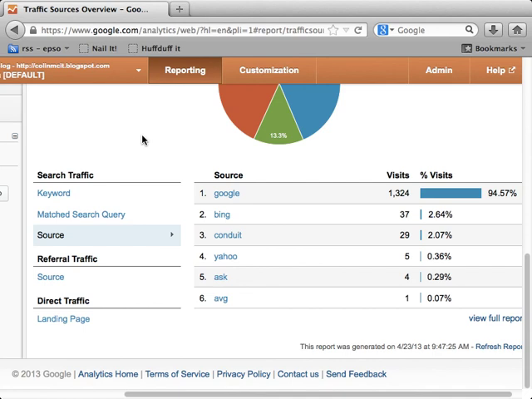I don't think it's that they all use Internet Explorer and Bing is built in, because Europeans use Internet Explorer too, but somehow we use Google much more than Americans. I've never heard of Conduit. Has anyone? No.